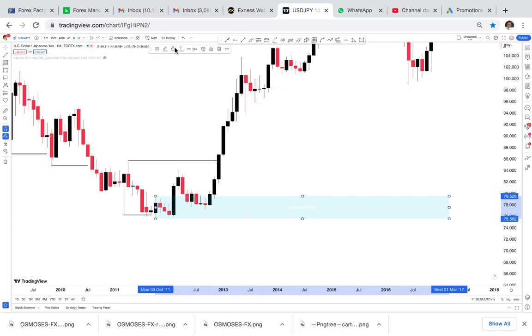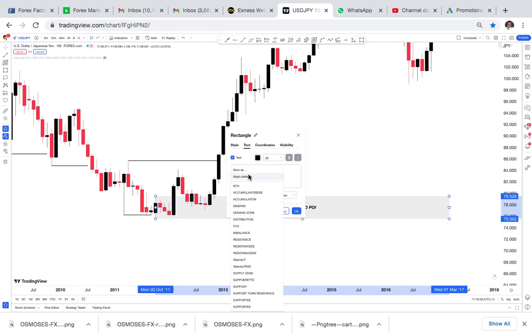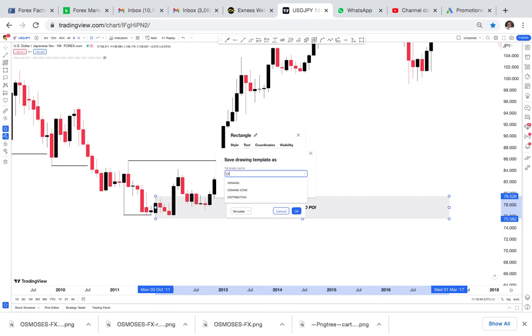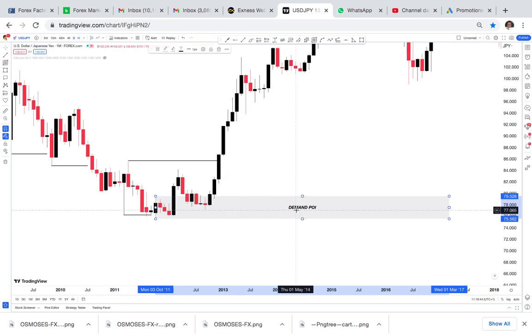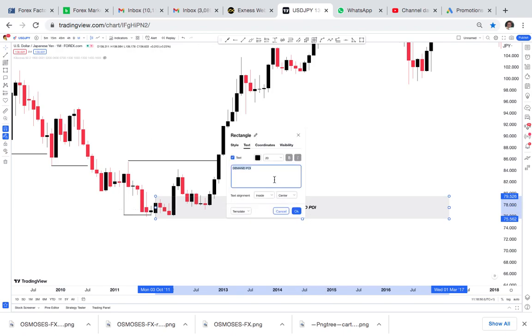I don't like that color, change it to this color for me. The text inside to be black for me. So I can save this as a demand zone template. Replace it, yes. Okay, so I have this as a demand POI.